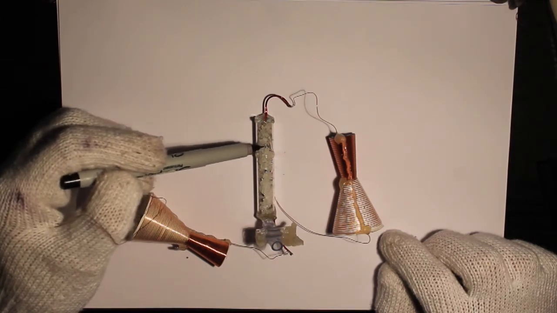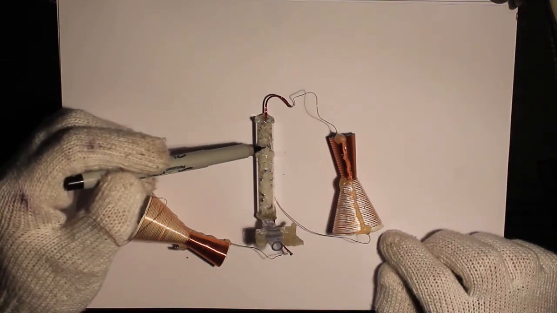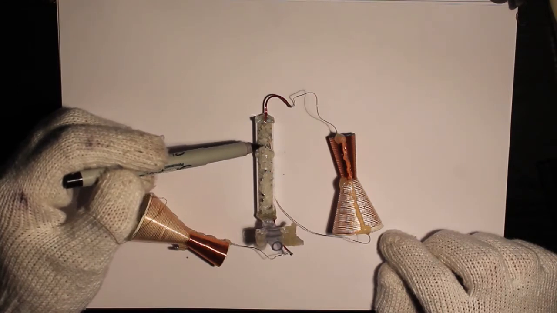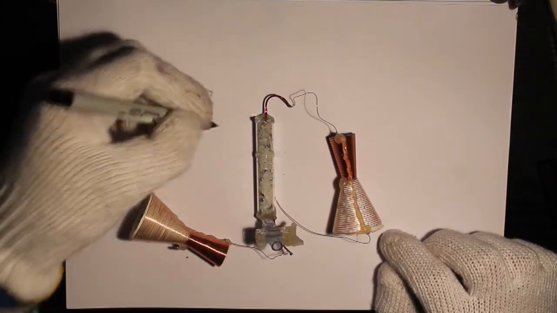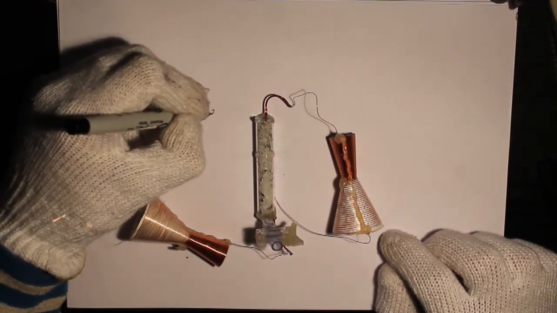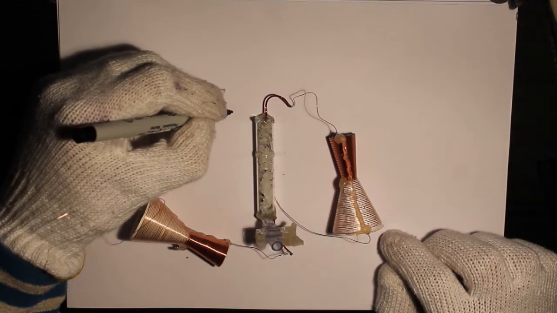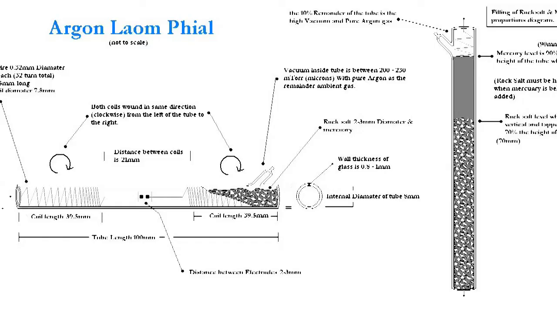The optimum vacuum for this tube is about 150 to 200 microns. The inert gases in here are argon and neon.